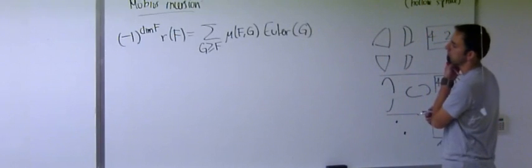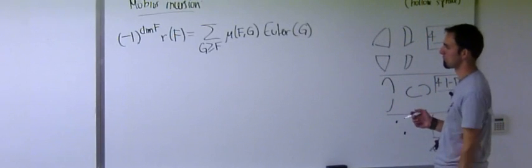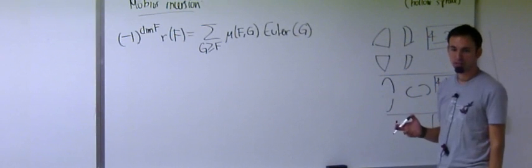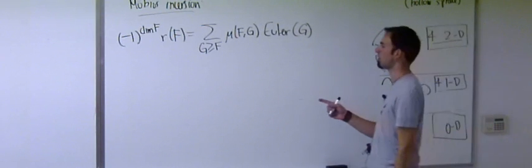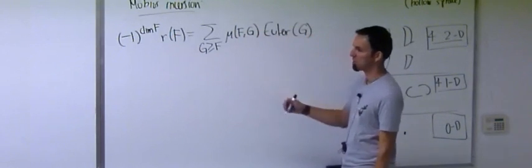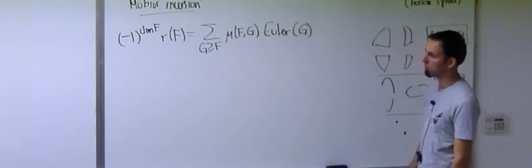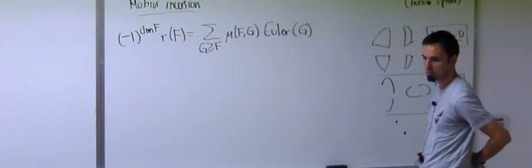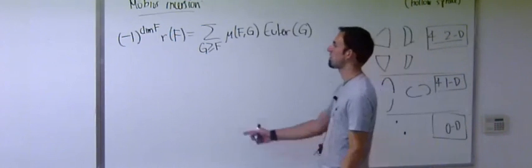Okay? And what you see before your eyes, even without looking for it, is a formula for the number of regions in a flat. Now, what is it that we're looking for? We're looking for the regions of the arrangement. This tells us what the regions inside a given flat are.